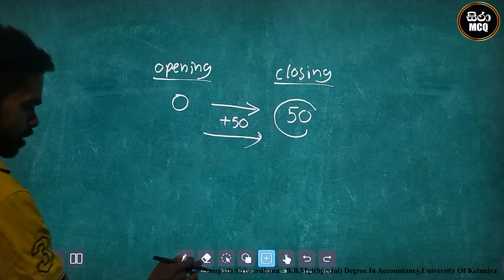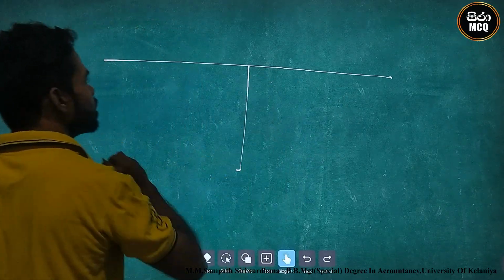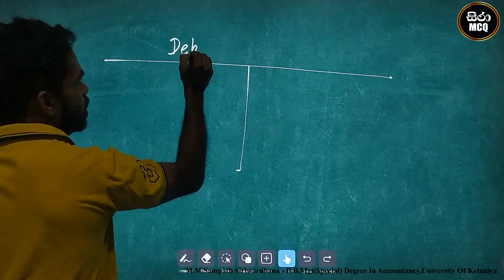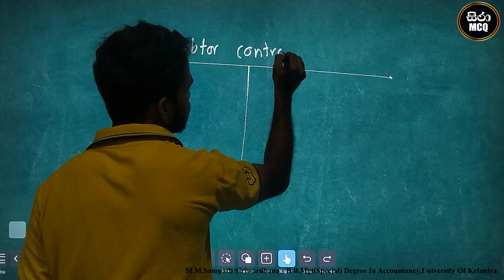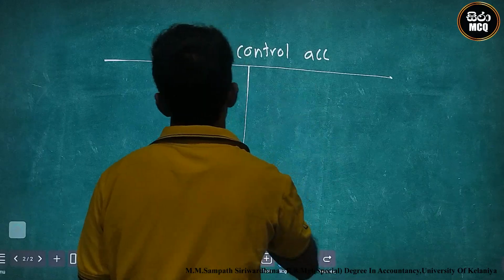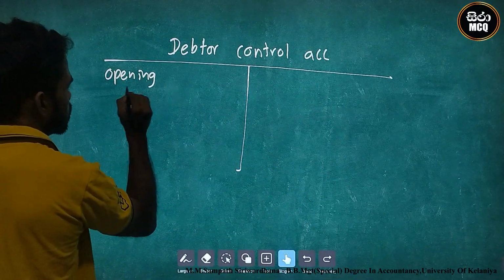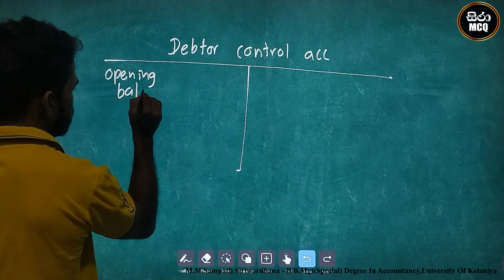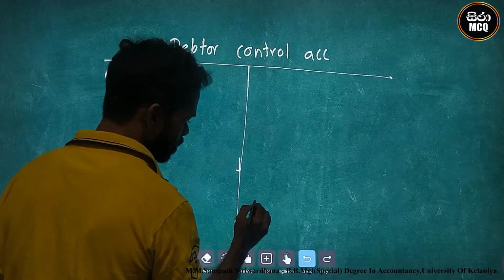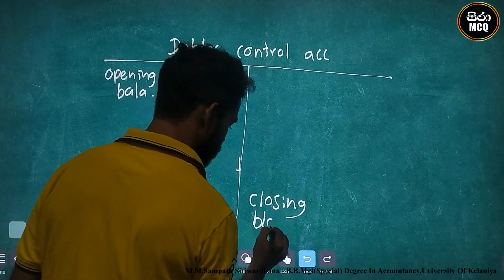Another page. Debtor control account. This is the debtor control account. This is the opening balance, and the closing balance is there.